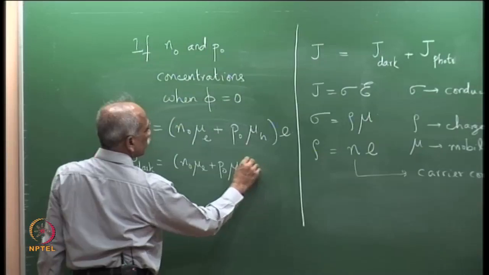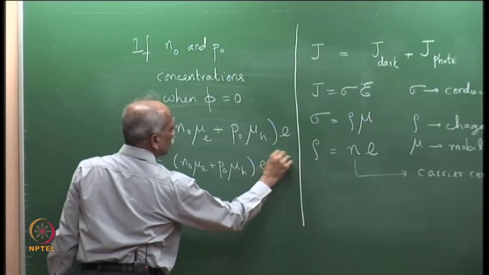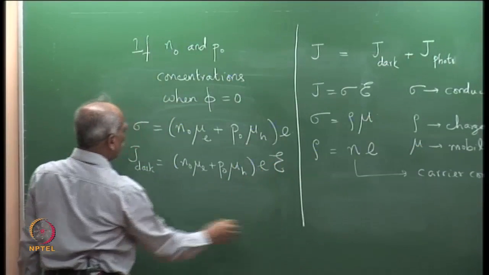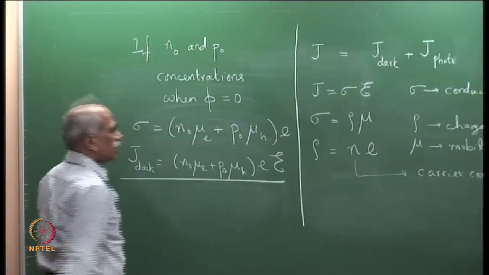So J dark is equal to e into n0 mu e plus p0 mu h, into E, where E is the applied electric field. This is the dark current density.